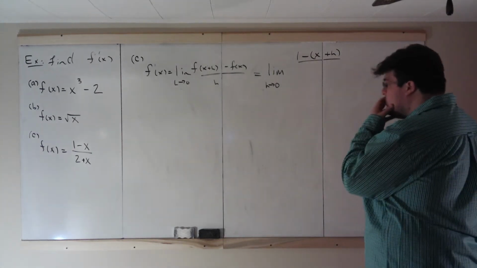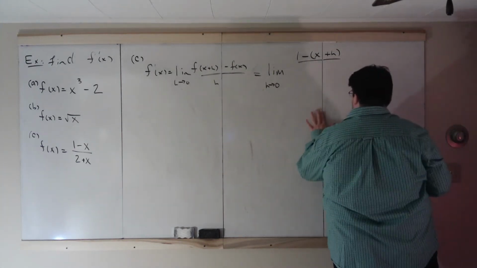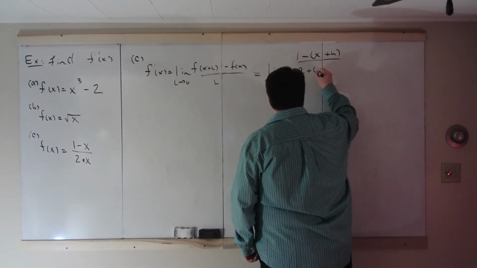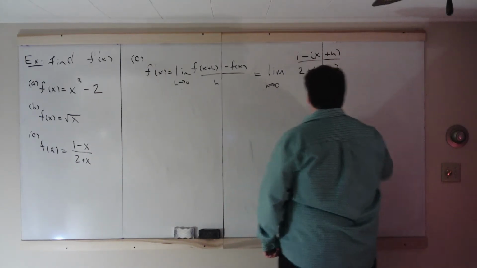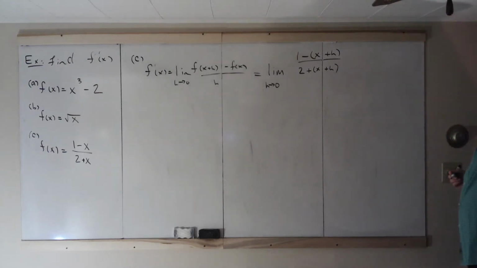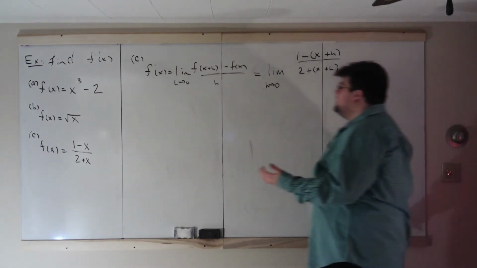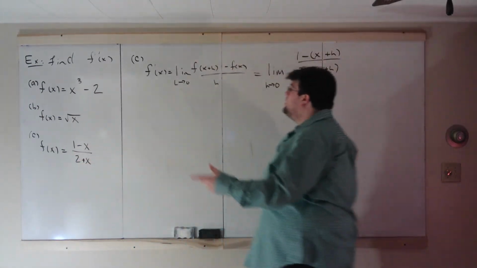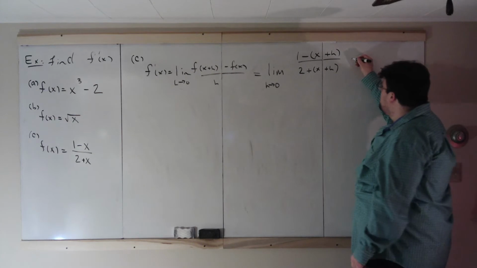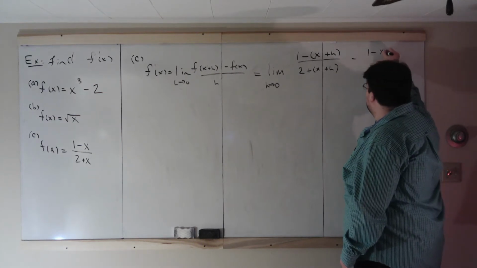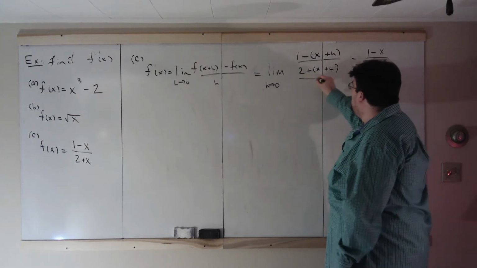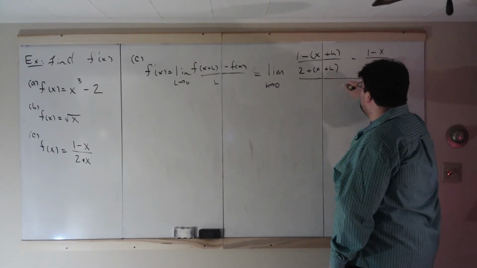Maybe I should have done this without having this fraction being on that line, but I guess that's okay. f of x plus h, take f of x, replace all x's with x plus h. So we have 1 minus x plus h over 2 plus x plus h, minus f of x, all over h.